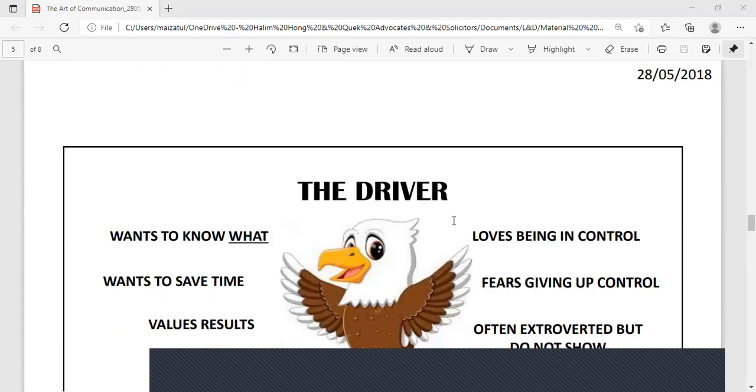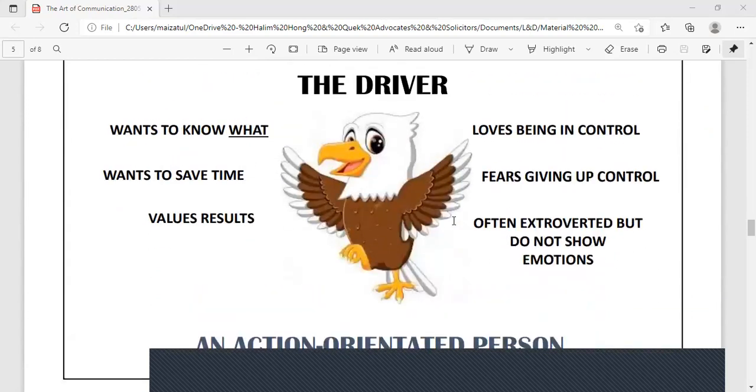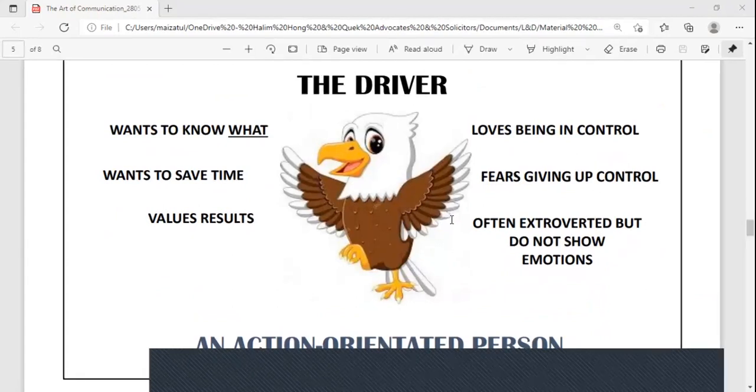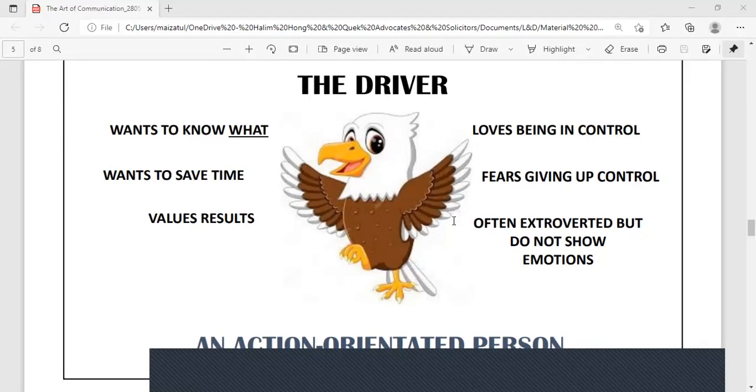Right. Then we go to the next, the driver. This driver person is an action-oriented person. The driver person is usually the boss in a company.